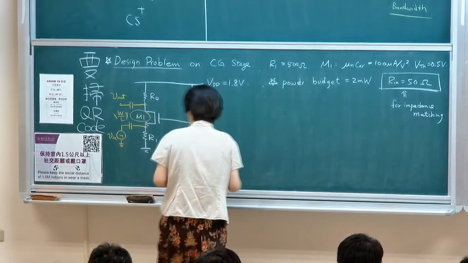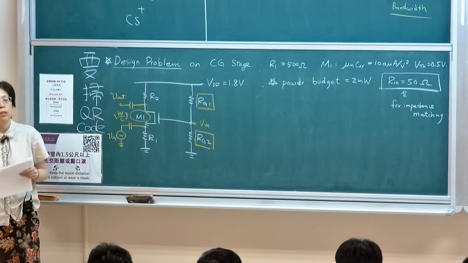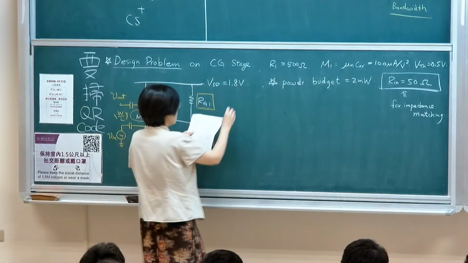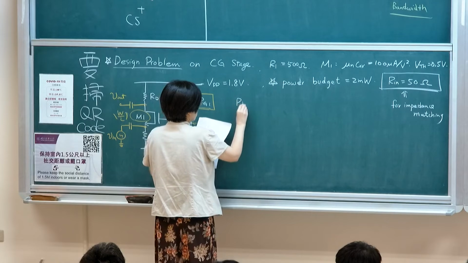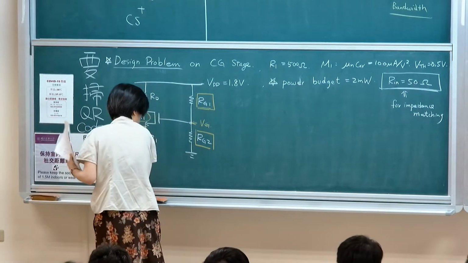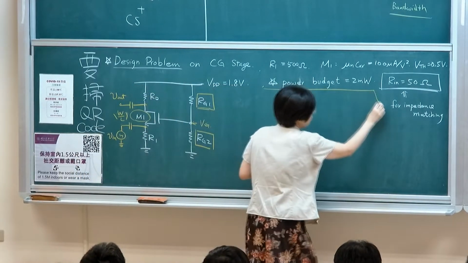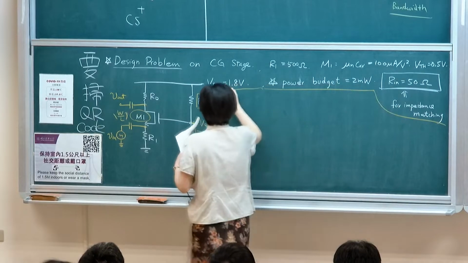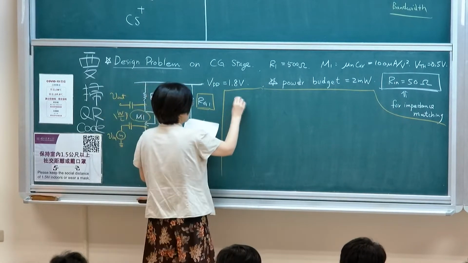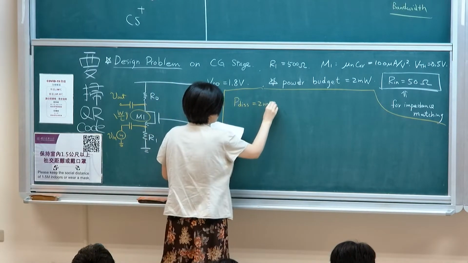So first of all, the power budget allows us to determine the maximum current flowing through the system. Typically you start with your boundary, and your power dissipation limit is 2 milliwatt.